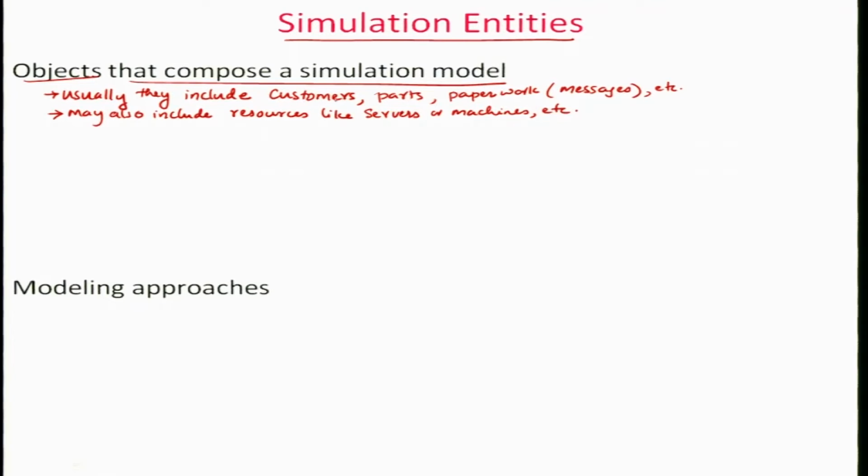So, when we talk about the single server model of a bank, one of the entities is the customers that come into the system. Then also the paperwork, if they might be coming to fill the loan form or something, then that is also part of that, you can think about it as an entity. And also the server or the bank teller or the machines that are used in that process also are included as objects of the simulation.